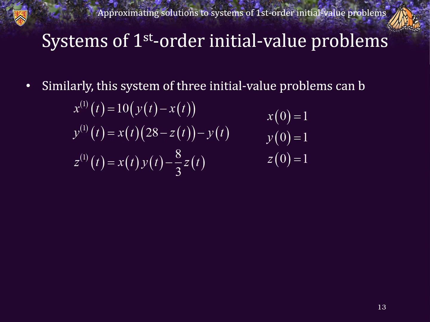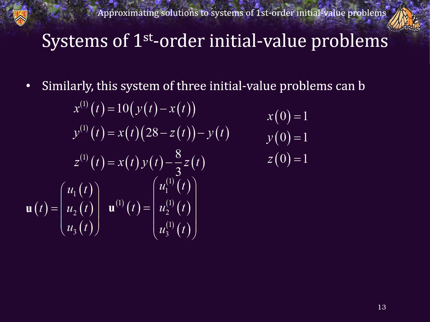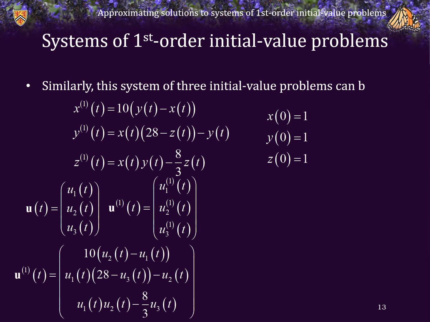We can do the same for the Lorenz equations, where we have three initial value problems. Now, u is a three-dimensional vector valued function where each of the entries depends on t. The derivative is simply the derivative of each of these entries, and the derivative is equal to a vector equaling the right-hand sides of each of these equations.